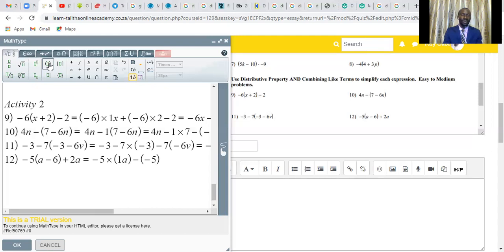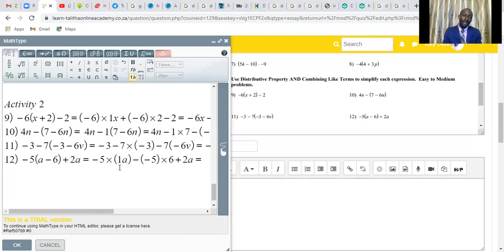So -5 this time is distributed onto a 6, like that. Remember the minus before 6 is already right here. So onto this we are supposed to add 2a. Then how do we continue?